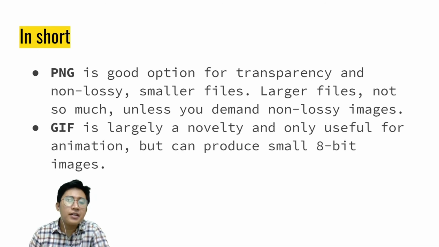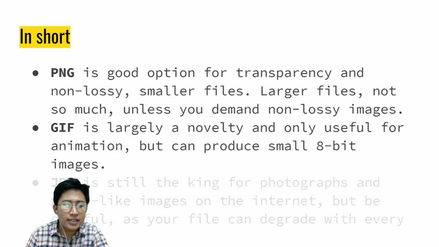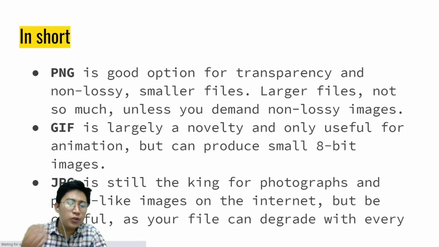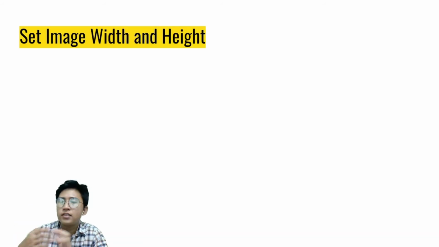GIF is largely a novelty and only useful for animation, moving images. And JPG or JPEG is still the king for photographs and images on the internet. So that is PNG, GIF, and JPEG. It's up to you what type of image you want to use in your HTML file.